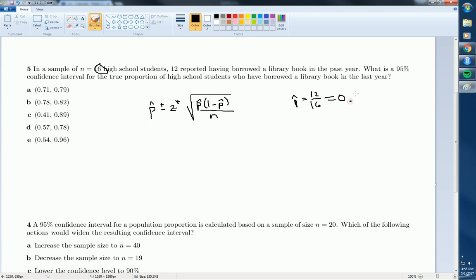That gives us 0.75. So our formula will be 0.75 plus or minus, a 95% interval will always give us a z star of 1.96, times the square root of 0.75 times 1 minus 0.75 over n.